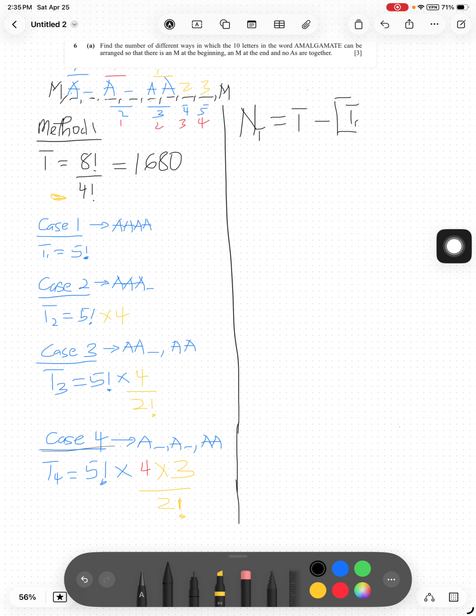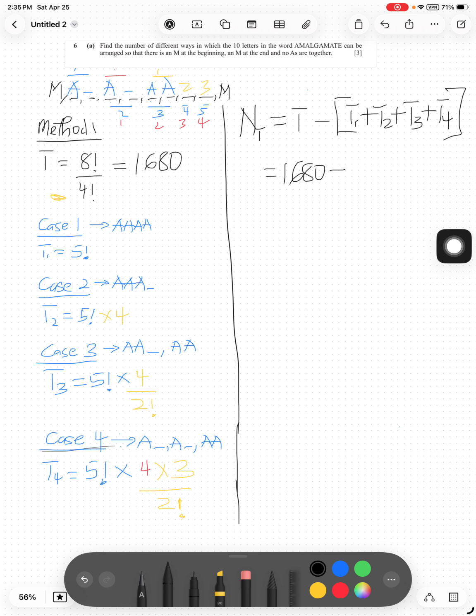So we have T1 plus T2 plus T3 plus T4. Okay, so once we do that, now we can put in the values, right? So we have 1680 minus, now we have T1, T2, T3, and T4.